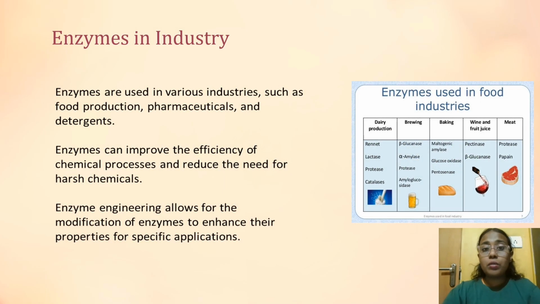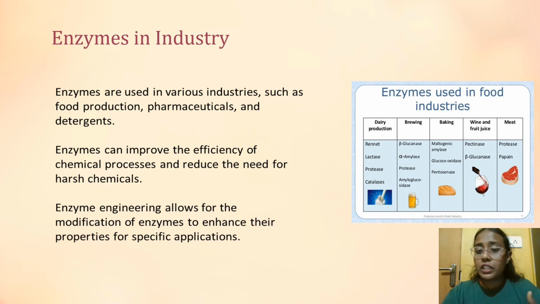Now let us look at the applications of enzymes. Enzymes are used in industries such as food production, pharmaceuticals, and detergents. They improve the efficiency of chemical processes and reduce the need for harsh chemicals. Enzyme engineering allows for the modification of enzymes to enhance their properties for specific applications. In the food industry, dairy production uses lactase, protease, catalase, and rennet.